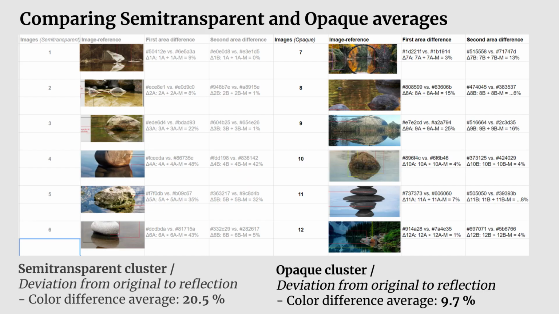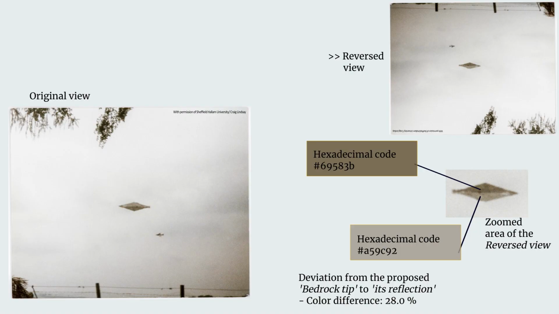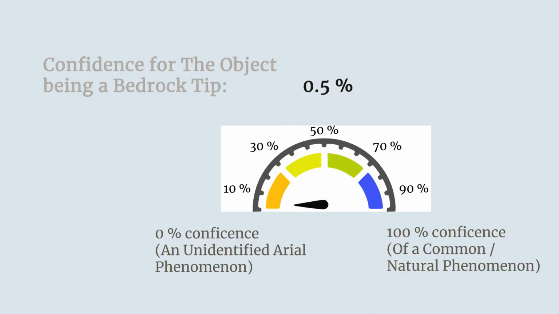My color analysis part shall also be multiplied into the equation, which diminishes the percentage even further. A very optimistic likeliness for the object to have been the Scottish rock bed pointing up over a still water surface will, in my opinion, reside around 0.5%.